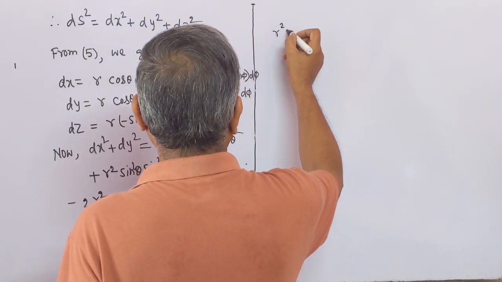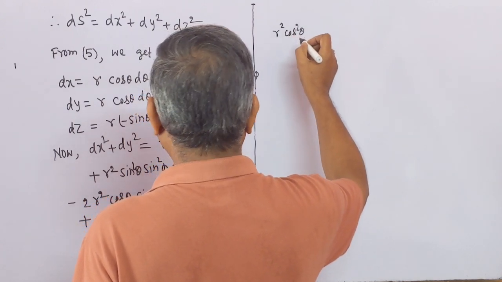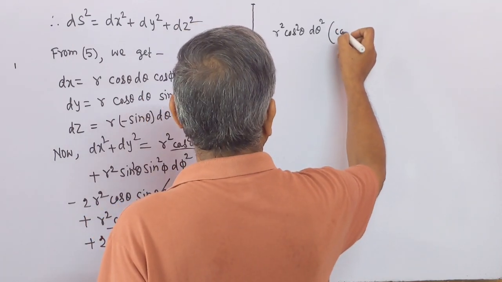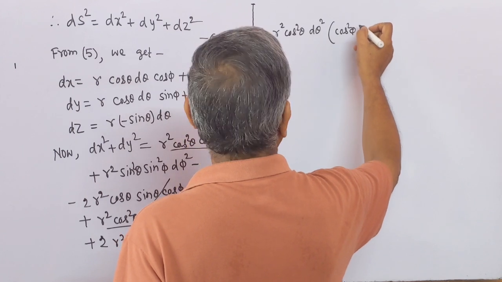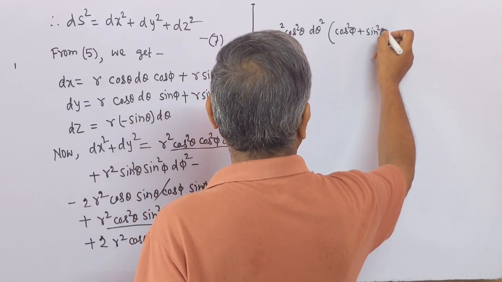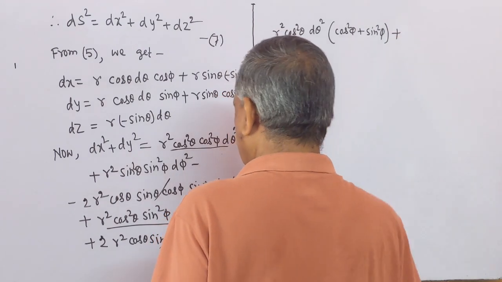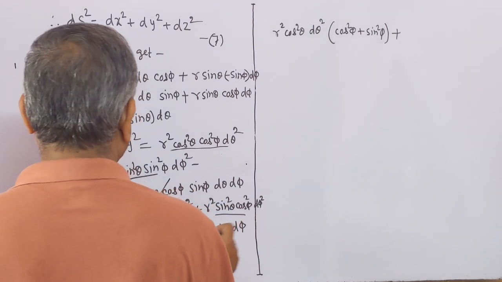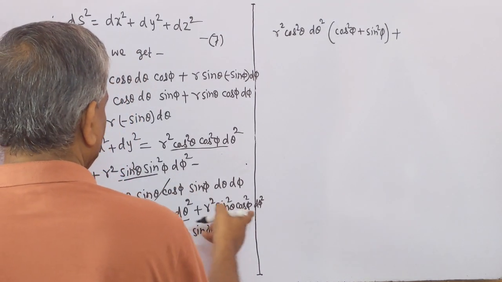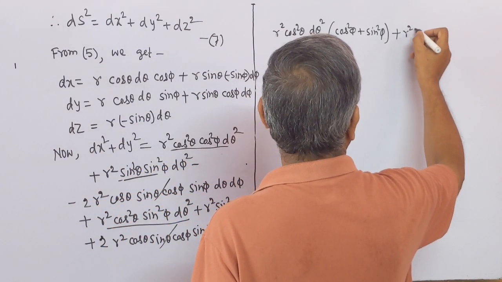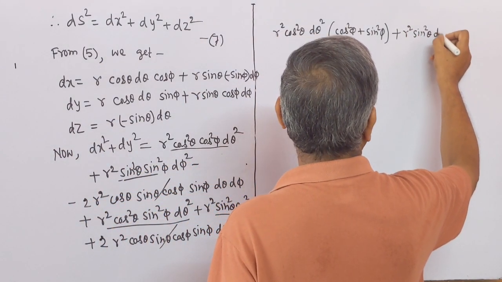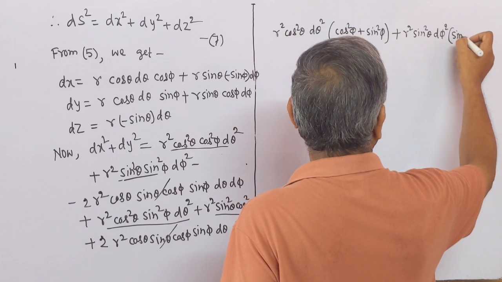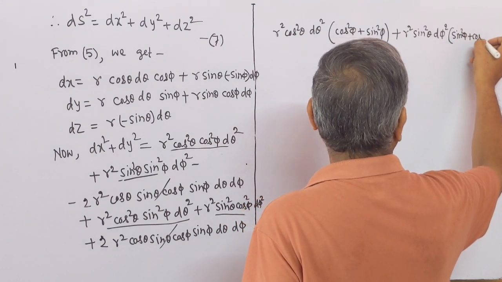From these terms we take r square cos square theta d theta square common, which leaves cos square phi plus sin square phi, plus from the other terms we take common r square sin square theta d phi square, which leaves sin square phi plus cos square phi.